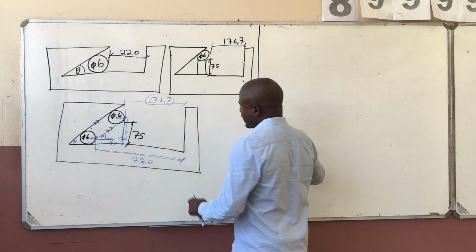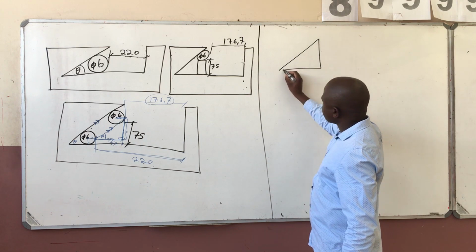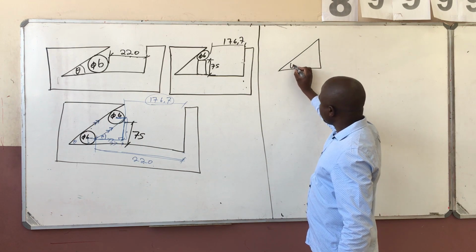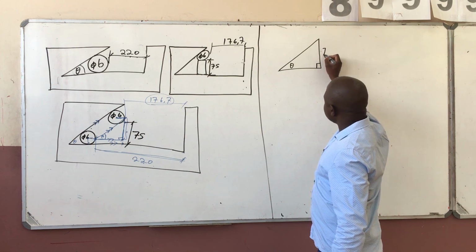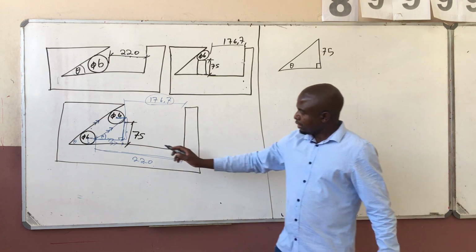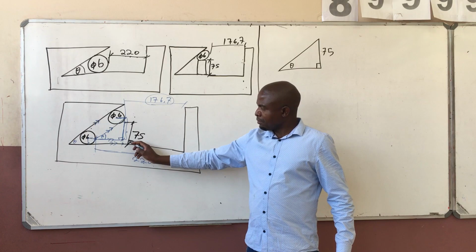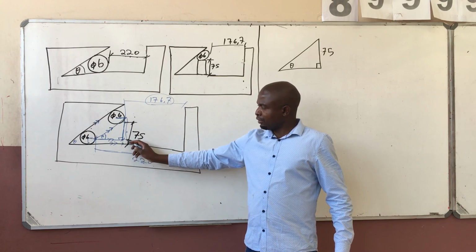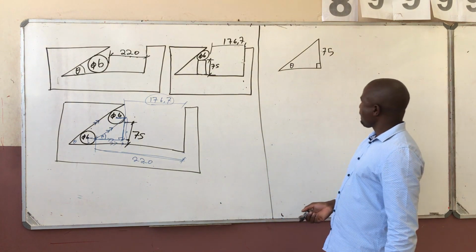So in drawing that triangle, I have theta here, 90, and from there to there is 75, as explained. Why 75? From there to there is 75 plus 3 minus 3, so I'm left with the distance from there to there, which is still 75.